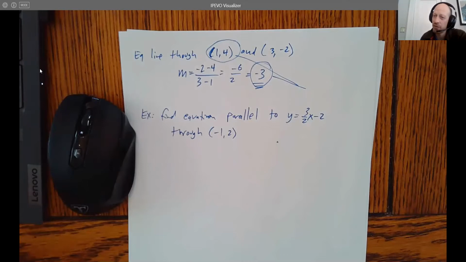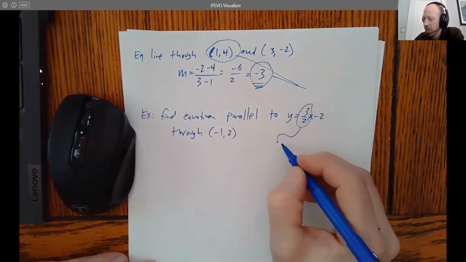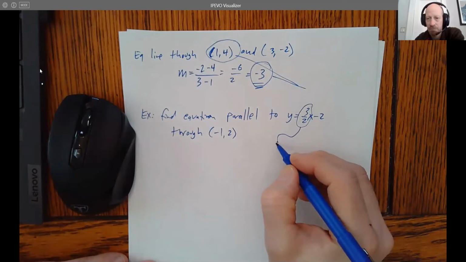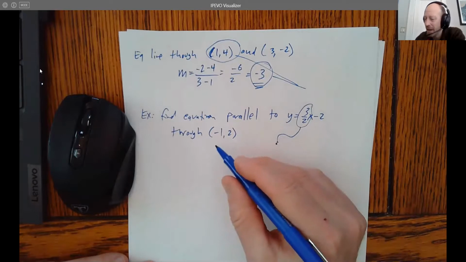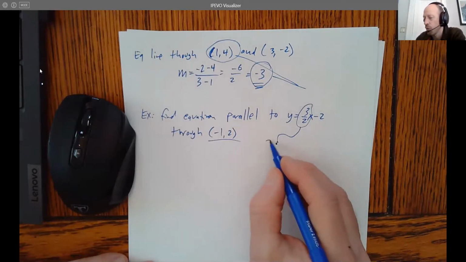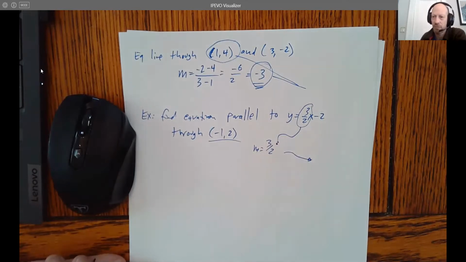This one is stated a little differently, but if we know what a parallel line is, remember parallel lines are moving in the same direction, at the same angle, so they have the same slope. So saying that it's parallel means that its slope is 3/2, right? I have to read that information from this line. And then again, I have a point and I have a slope. Same process from there.